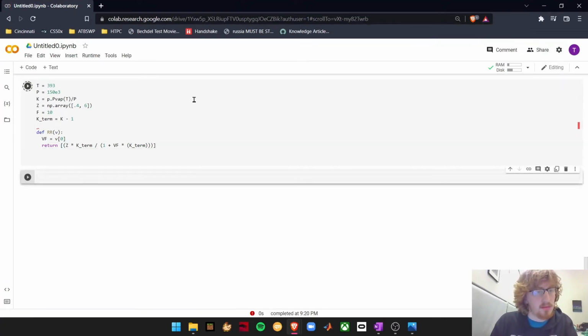Then let's make sure that all works. All right, and then our vapor fraction is going to be the root of this because our vapor fraction is the input into our Rachford-Rice equation in this case. So VF is going to be equal to the root for our Rachford-Rice, and then we'll use an initial guess of 50-50.